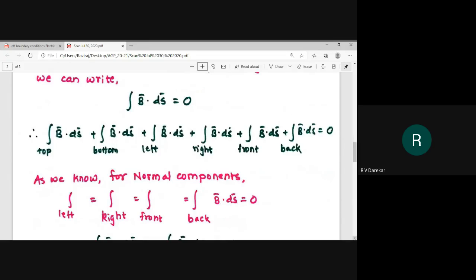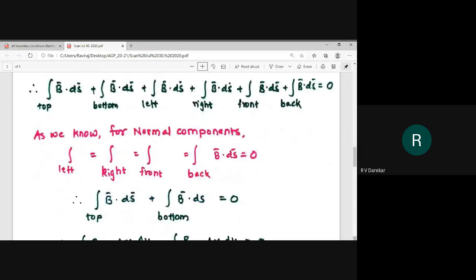Now, as we are going to consider the normal component, that is the perpendicular component coming from the bottom and reaching the top, only that component is considered. The integrals over the left, right, front and back surfaces will be equal to 0. Therefore, there will be only two integrals, for the top as well as the bottom, whose addition will be equal to 0 as per the RHS of the equation.